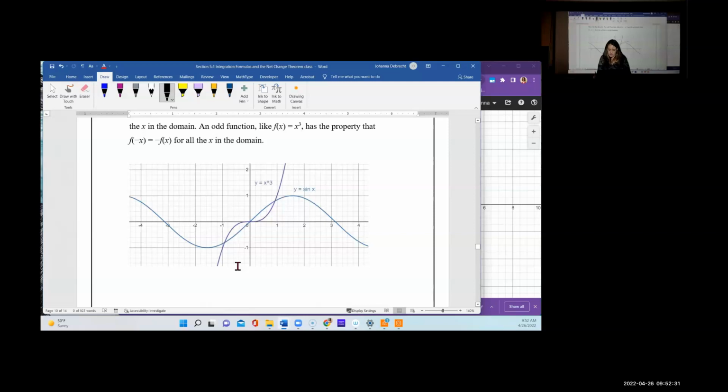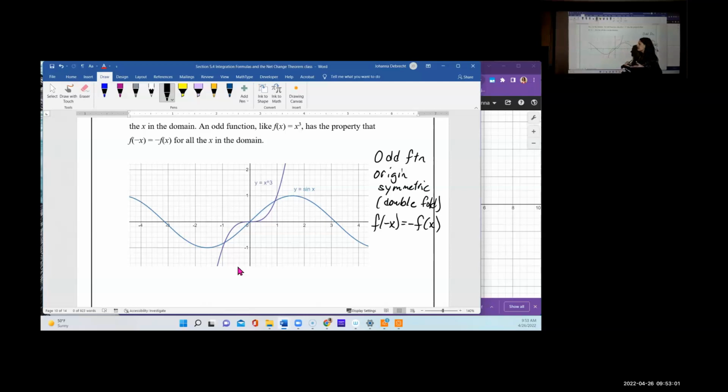What about an odd function? This is an example of an odd function. An odd function is also called an origin symmetric function. And that means that it has to fold twice. So this is a double fold, once on the x-axis, once on the y-axis. So it has to fold 2 times. This time when you replace x with negative x, you get not the same y value, but the same number with opposite sign.